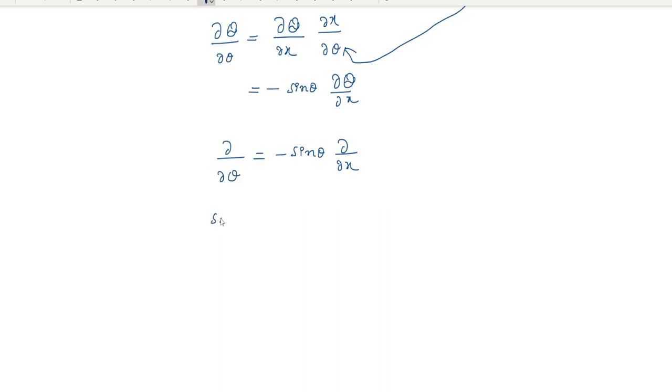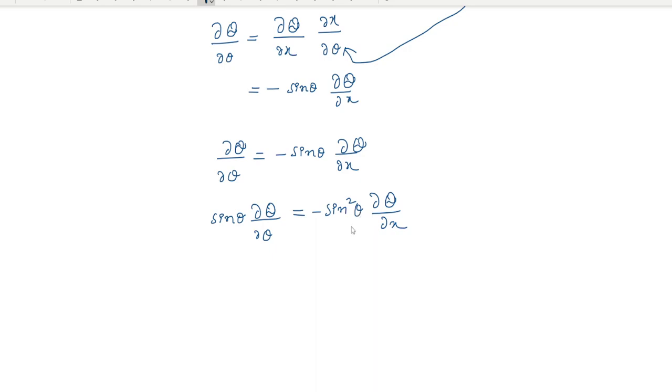We get sin theta dou by dou small theta equal to minus sine square theta, partial derivative divided by partial derivative of x.